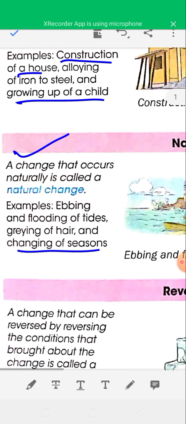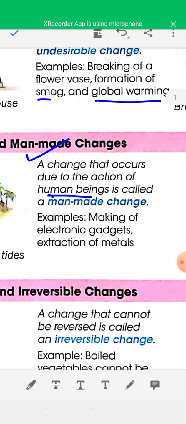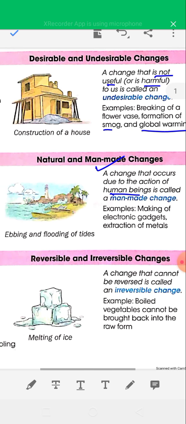Example, making of electronic gadgets, extraction of metals from ores.